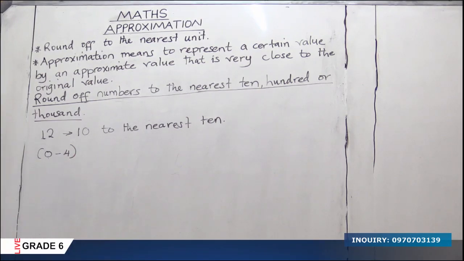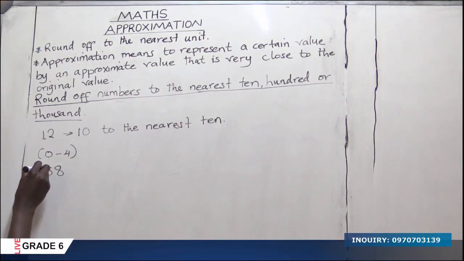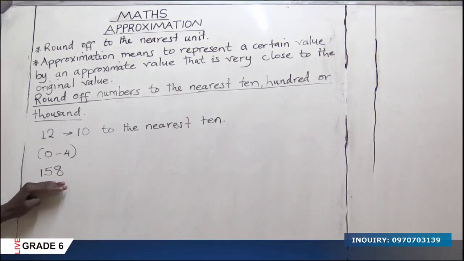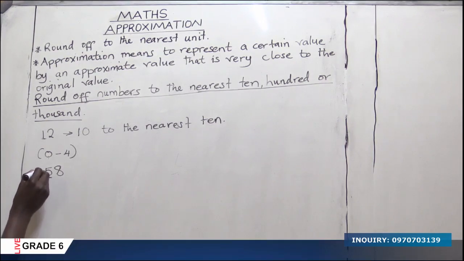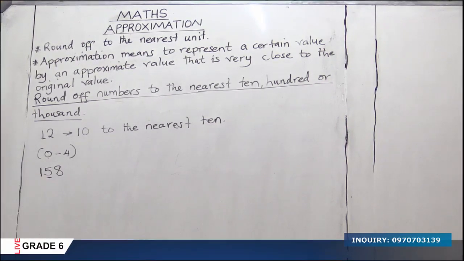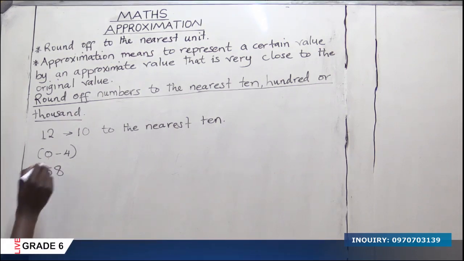For example, if you have been given 158, and then you are told to round off to the nearest 10, what are we going to do, boys and girls? What we are going to do there is that we are going to change 5, because 5 is in the tens position. So we check the next number.